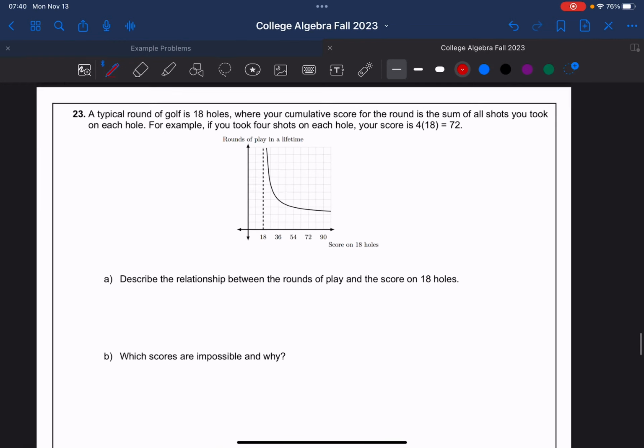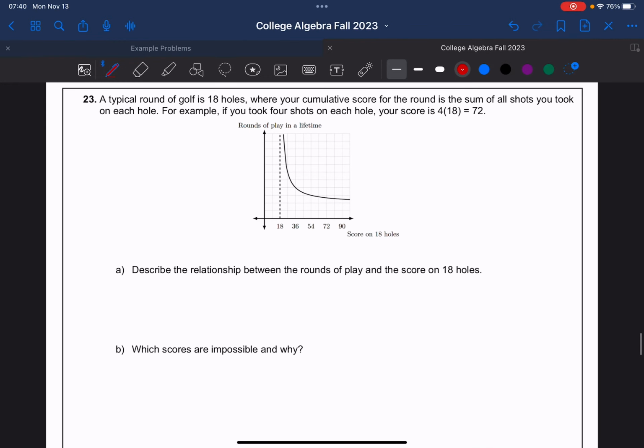On this application, we're given a graph. It says a typical round of golf is 18 holes, where your cumulative score for the round is the sum of all the shots you took on each hole. For example, if you took 4 shots on each hole, your score is 4 times 18, which is 72. So that's just explaining what this graph is representing.